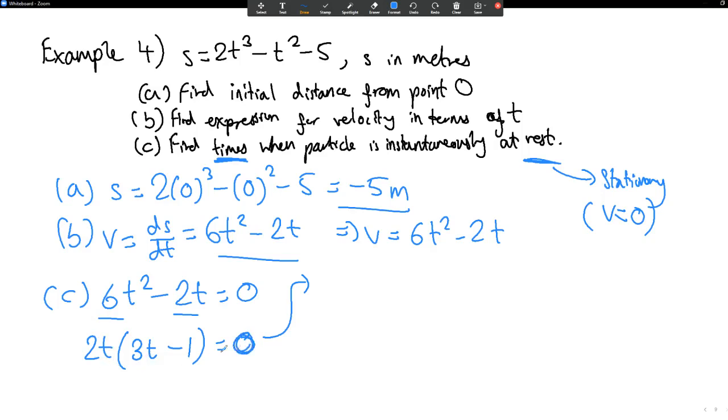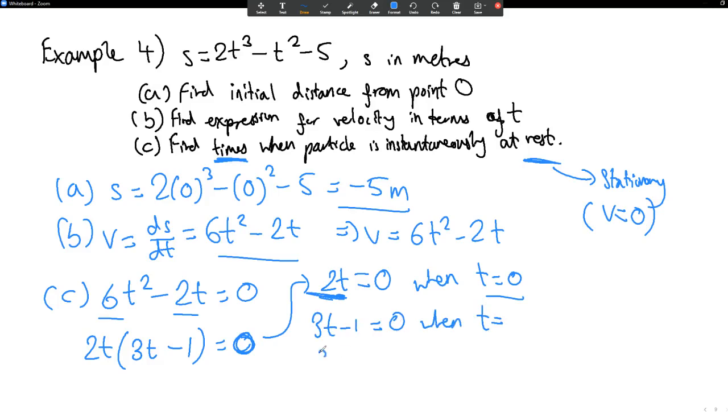And now that we have these two, we can say, okay, what are the values of t that will make it 0? So let's focus on 2t. So when 2t equals 0, when t equals 0, right? Because when t is 0, this whole thing here will be 0. And 3t minus 1 equals 0 when t equals, well, we can move the 1 over to get 3t equals 1, and then we'll get t equals a third if we divide by 3.